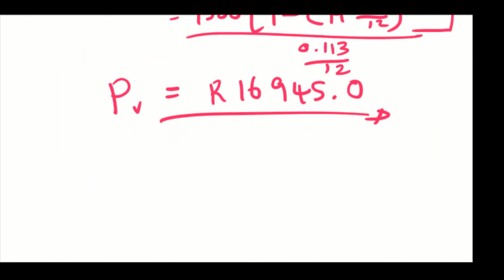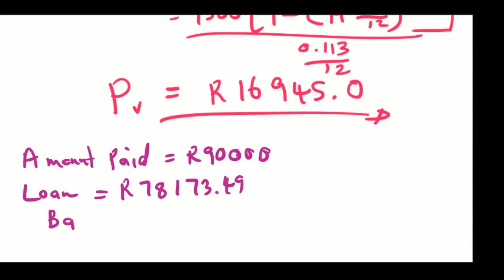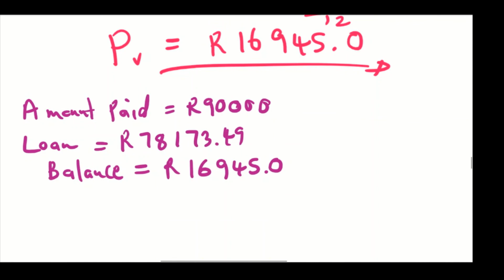So remember that you have your amount paid, which we calculated just above. So the amount paid equals 90,000 rand. Loan equals 78,173.49, and the balance equals 16,945.0, right?